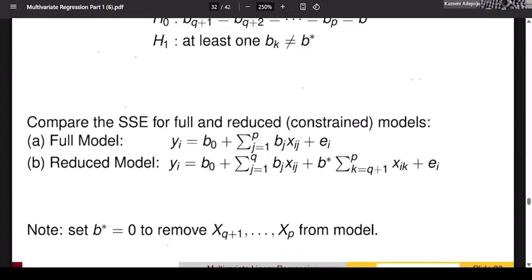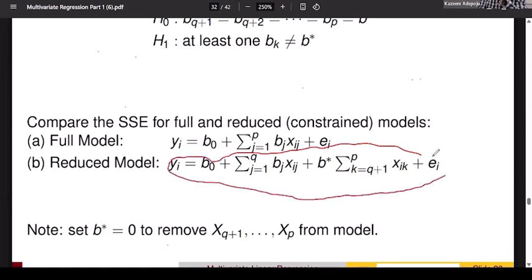Can you see here? Why is this one called a reduced model? Now, if you take a look at this one, this is a full model. A full model is complicated. The reduced model is a simpler model.